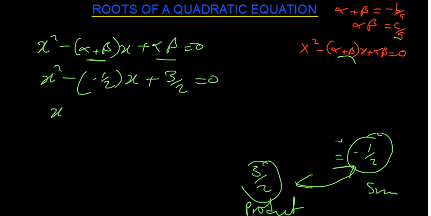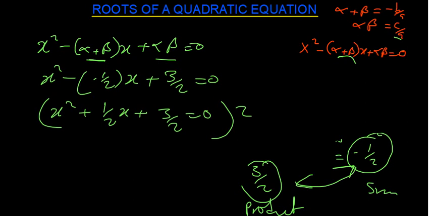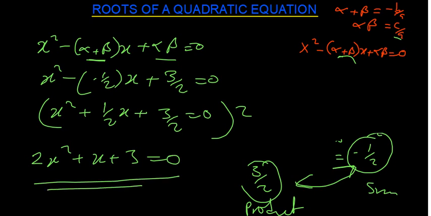So this gives us x squared plus 1 over 2x plus 3 over 2 is equal to 0. We can multiply this equation through by 2 so that we remove the fraction. That would be 2x squared plus x plus 3 is equal to 0. So that would be our equation in that case.